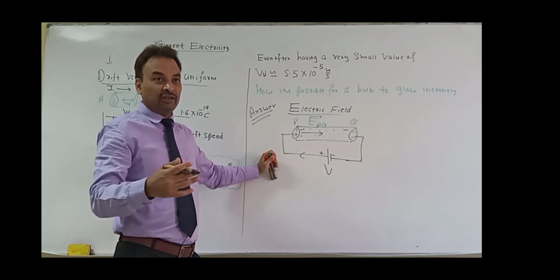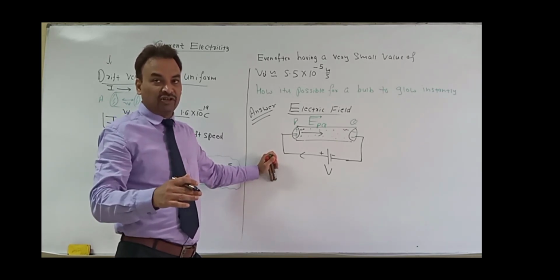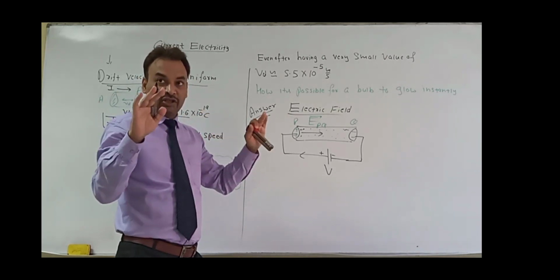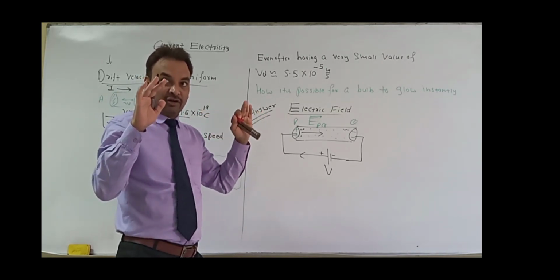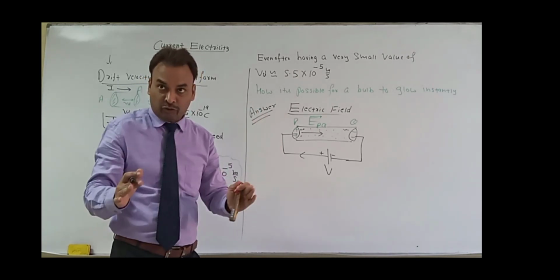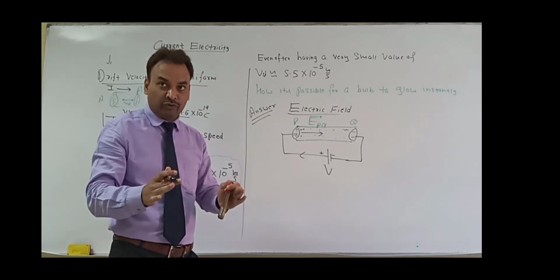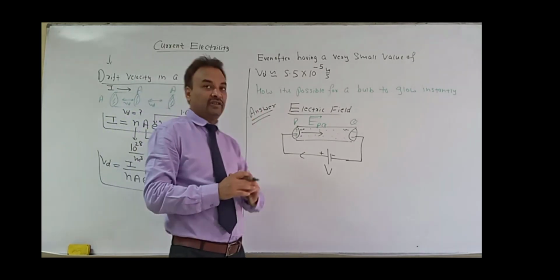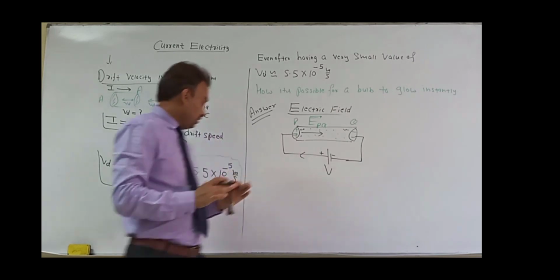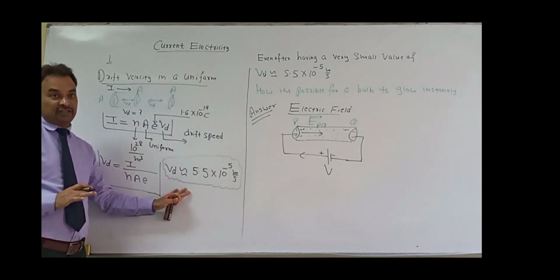Due to that acceleration produced by the electric field, there is a huge contribution to the current, a fast, instant contribution to the current, and that's the reason the electric bulb glows instantly in spite of having a very low drift speed.